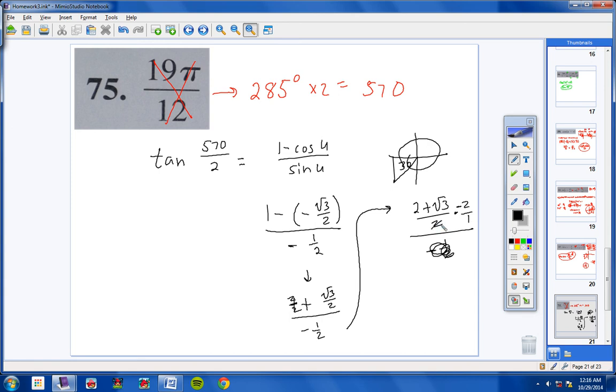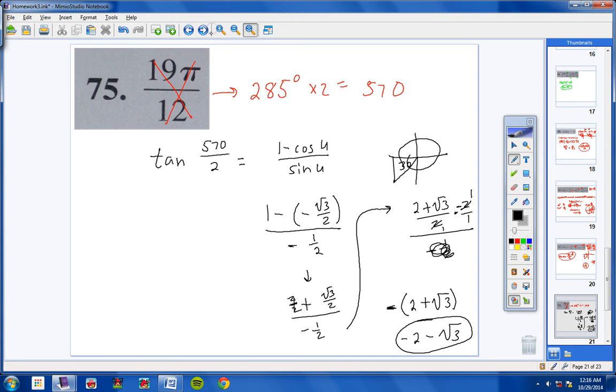Your 2's would cancel. A positive times a negative is negative. So the whole thing is negative 2 plus square root of 3, or negative 2 minus square root of 3. Okay? And there we go. That was a really long problem, but at least we're done.